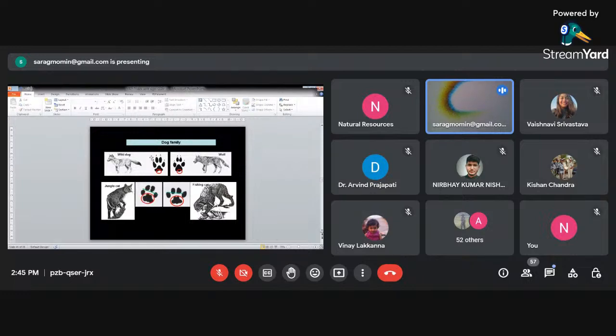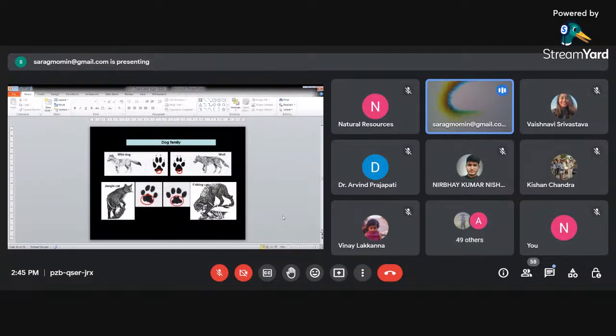If there is a nail, then you will identify it as the dog family. But if there is no nail mark, then you can say that this pug mark belongs to the cat family.